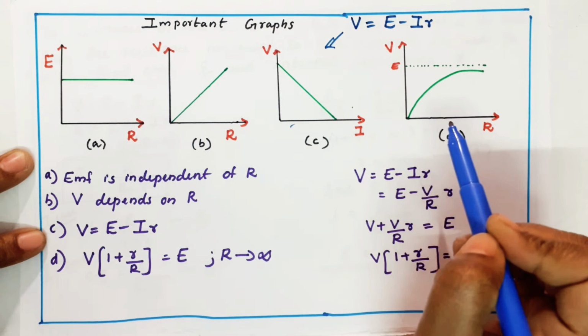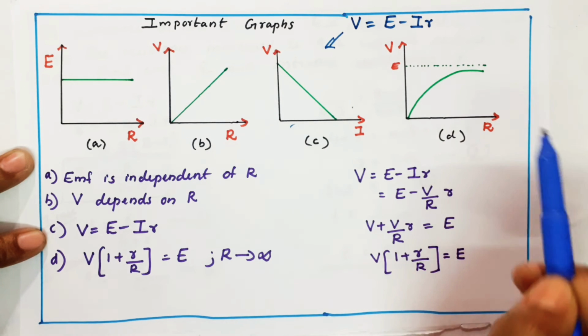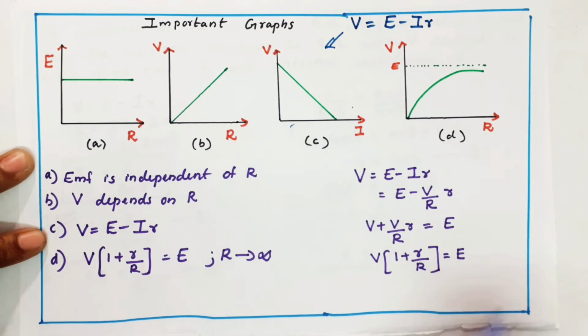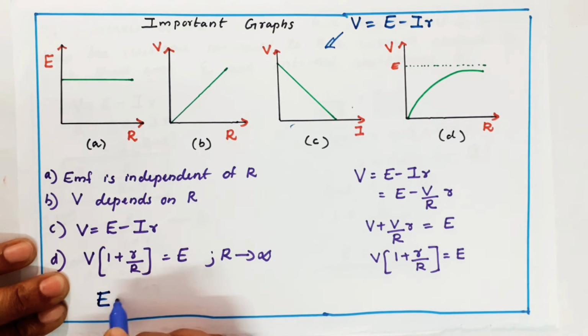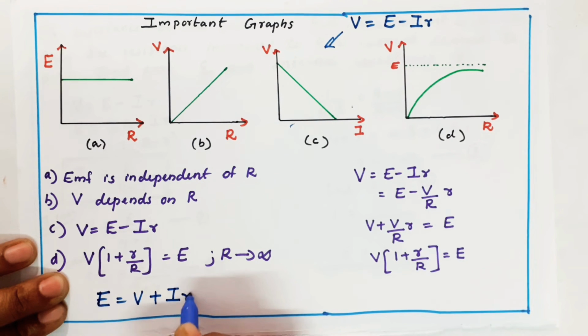Now the last case. This graph plays a very important role. We are just writing an equation for E from here. E is equal to V plus IR.